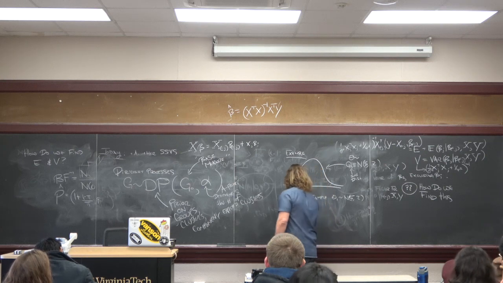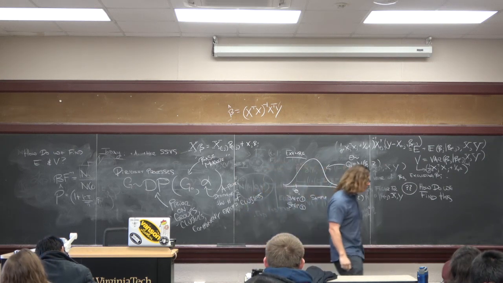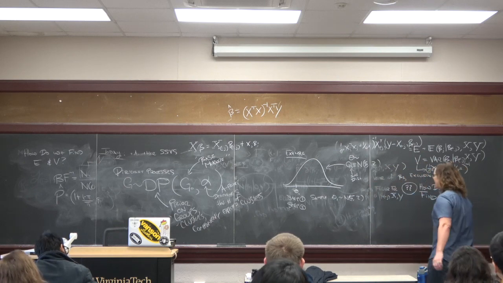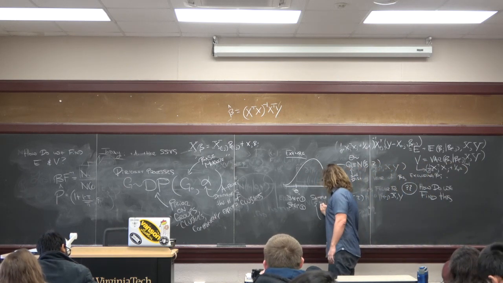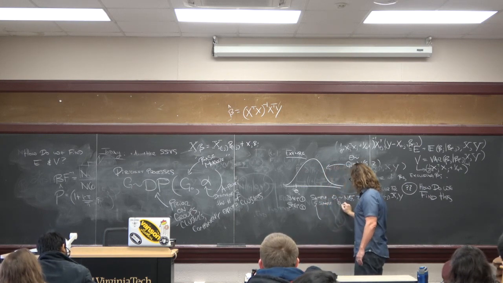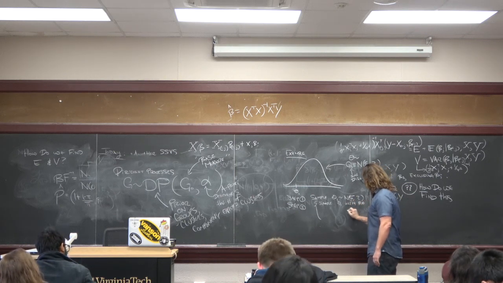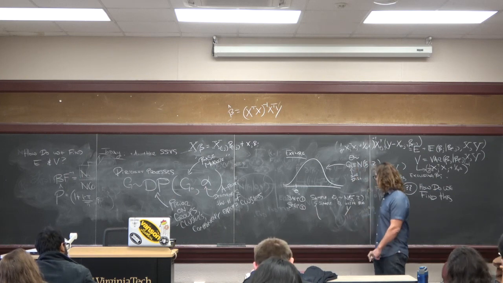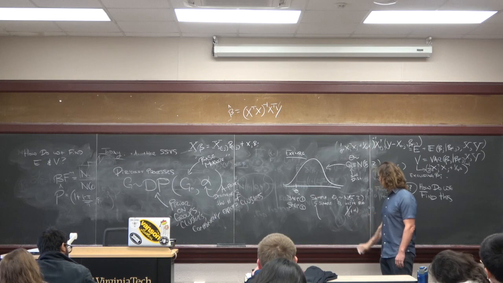Step two is I'm going to sample theta 1 with probability 1 over 1 plus alpha.